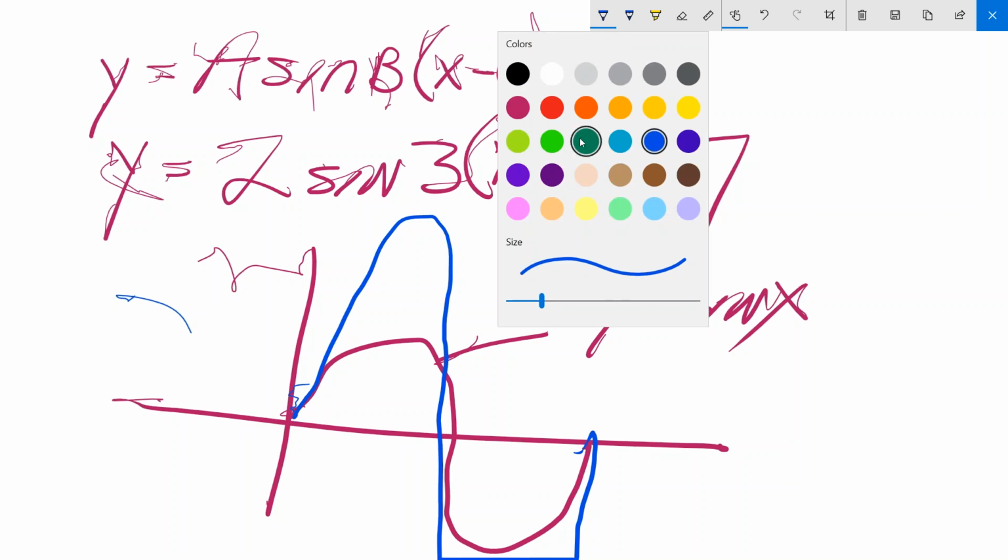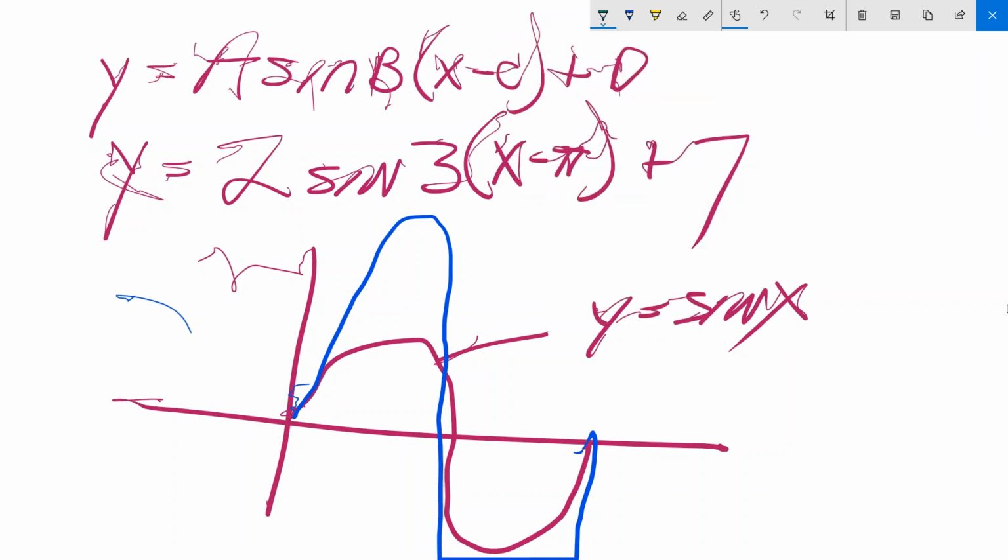Different color. What's the 3? Horizontal compression, right? So the ending point, instead of being out there, it's got to be about there. So I've got to draw the sine curve in that tiny little spot. That's taken into account the 2 and the 3 now.